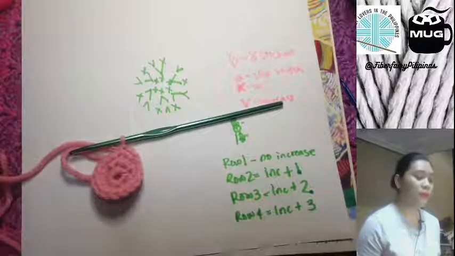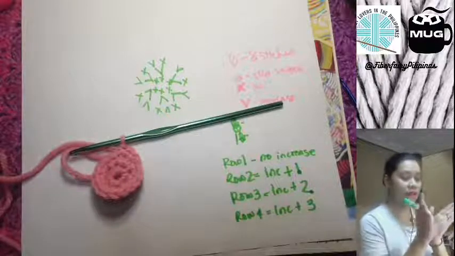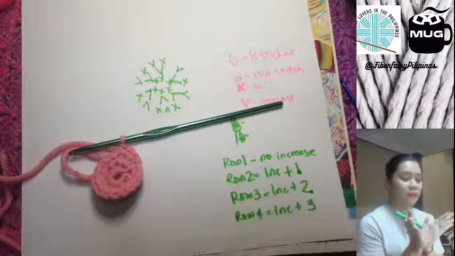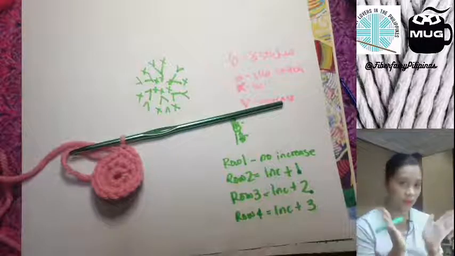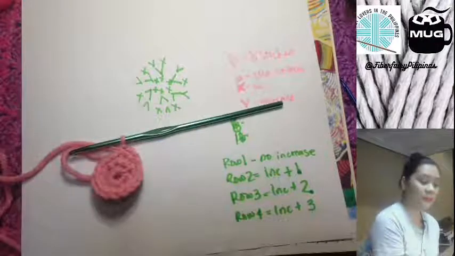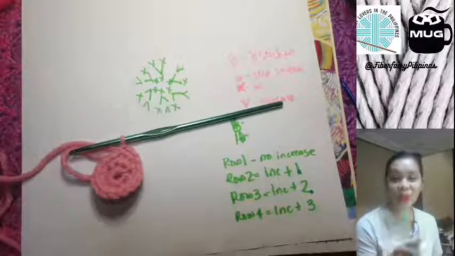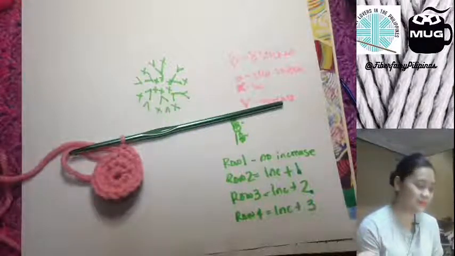Every time that you're going to do an increase, yung isang part ng increase, yung V part, I call it a V kasi nga, parang nag-V yung stitch niya dun sa isang part na yun. Increase, tapos plus 1. Para hindi ka malito kung anong row ka nandun, minus 1 mo lang siya, ganun karami yung i-add mo na stitch. Parang magulo ba?